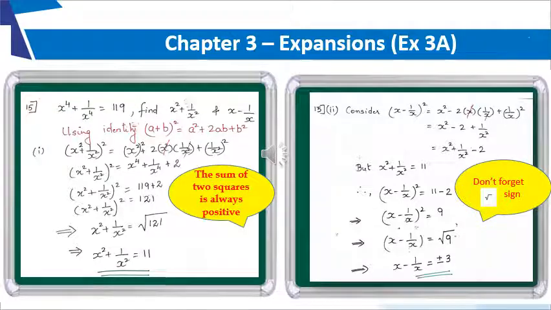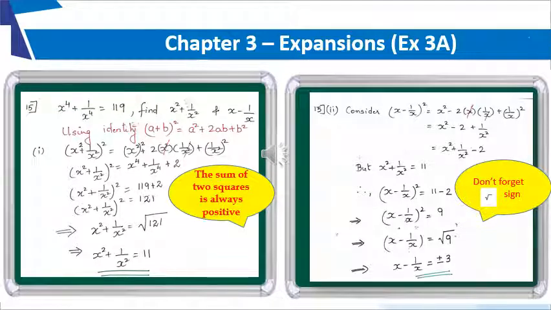Consider the second case, x minus 1 upon x the whole square. Here we will use the identity a minus b the whole square equal to a square minus 2ab plus b square, which implies x square plus 1 upon x square minus 2.